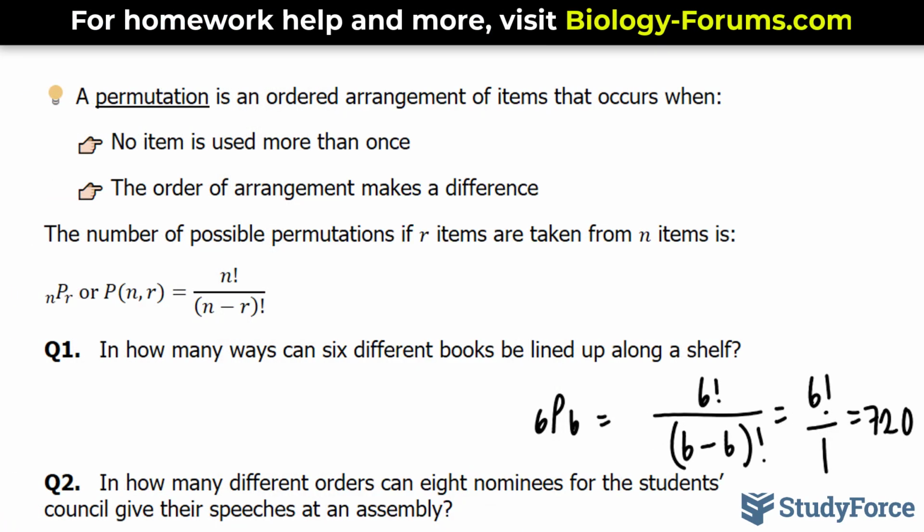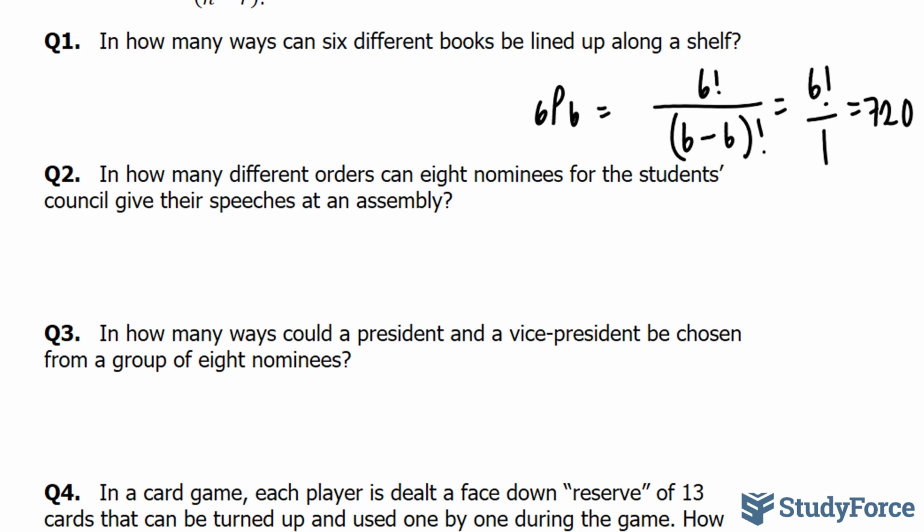In question number 2, we're asked more of the same. In how many different orders can 8 nominees for the Students' Council give their speeches at an assembly? So think about it. You have 8 students, and you have to pick one of them in the first round. You pick one of them, and then you're left with 7. And from those 7, you have to pick whatever's remaining.